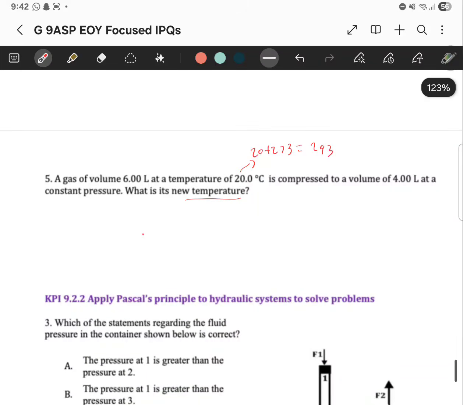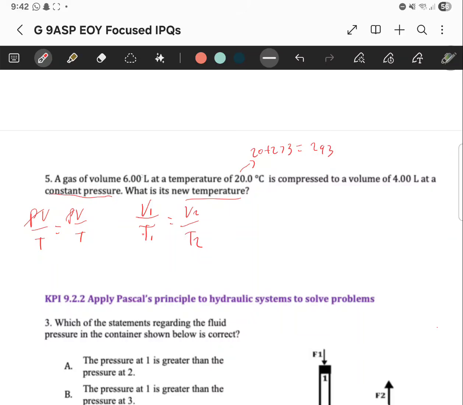So V and T. If I was to use PV over T, I can see it's constant pressure, so P cancels. Is V1 over T1 equals V2 over T2. I need the new temperature, which is T2. So I'm just going to put the numbers in because I don't want this to get too long.